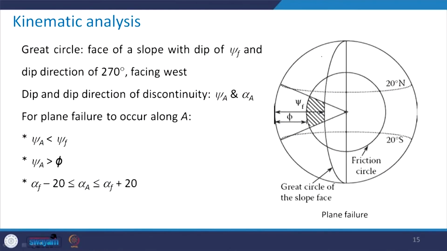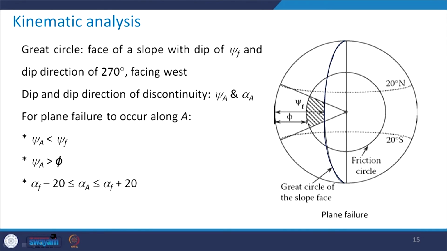Now, in case of the plane failure, what is happening? You have the slope face, which is represented by a great circle, you see here like this. Here is the maximum point of curvature.